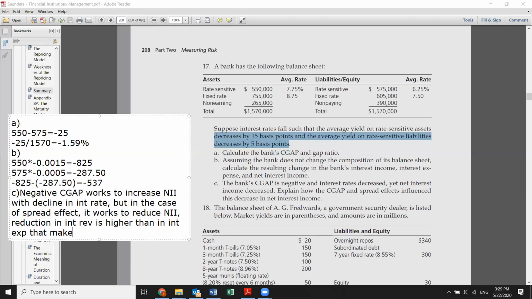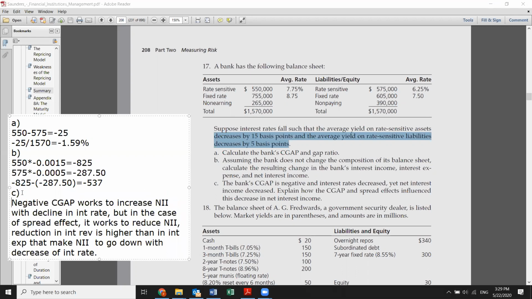That makes net interest income go down with a decline, or a decrease, of interest rate. This is how we can actually explain it. Any questions? No. Okay.